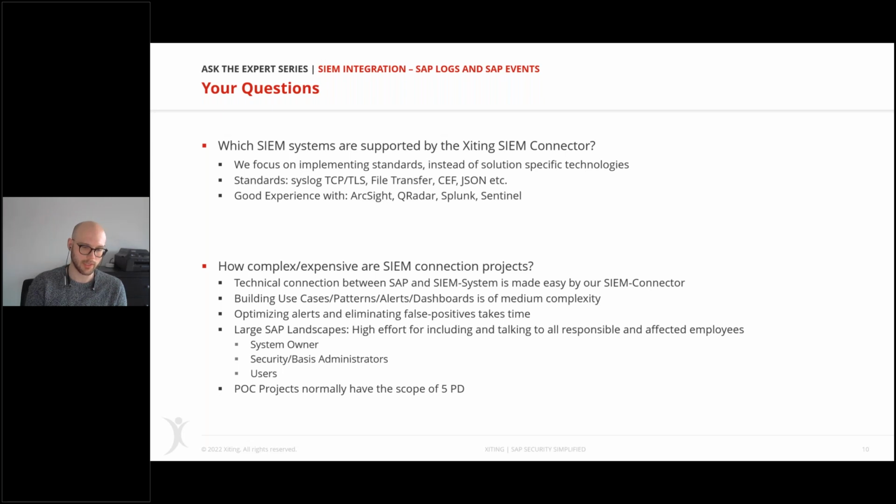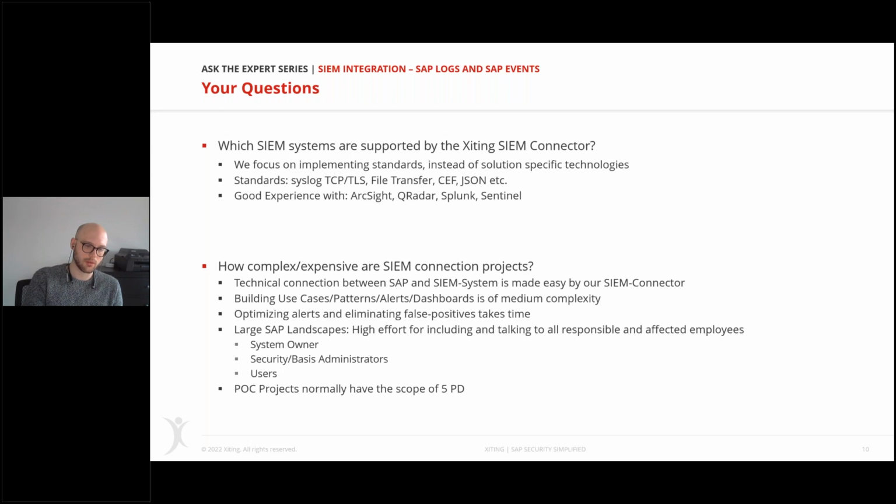But what I can do is to split this a little bit up and give you some experience that we have made in our SIEM connection projects. Building up the technical connection between SAP systems and SIEM systems is made easy by our SIEM connector. Of course, that's what we are trying to achieve with our solution.